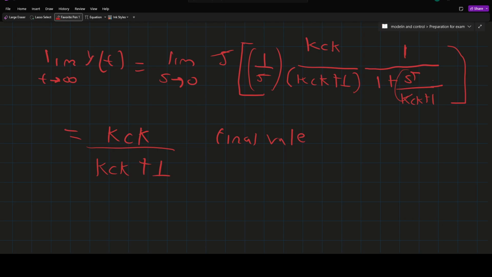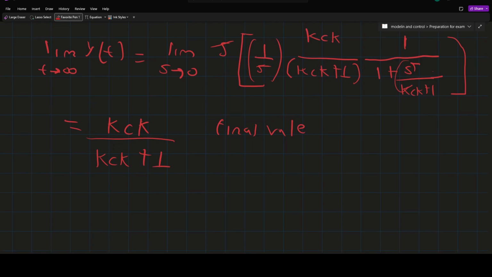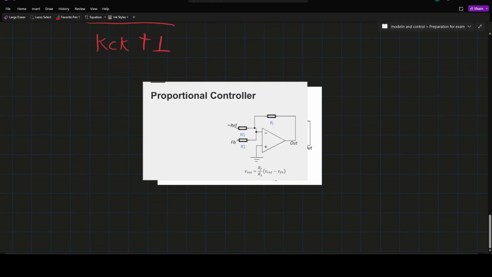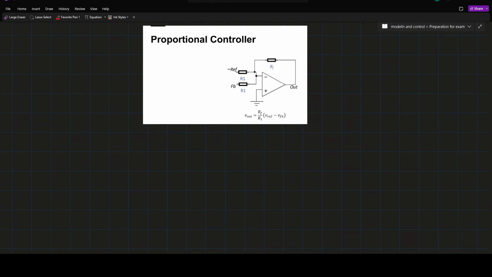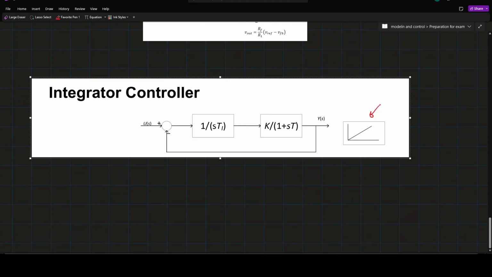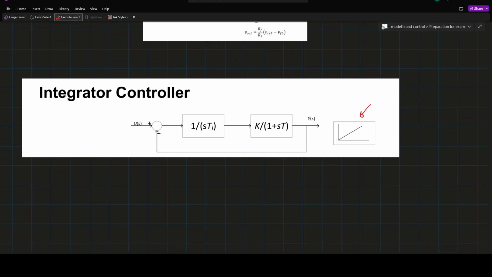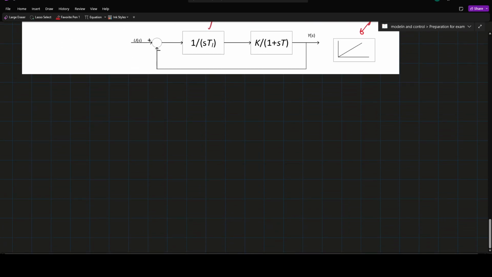And for a proportional controller, if we were trying to use an op-amp, it's just gonna be a gain. Now we are gonna do the same for our integral controller.